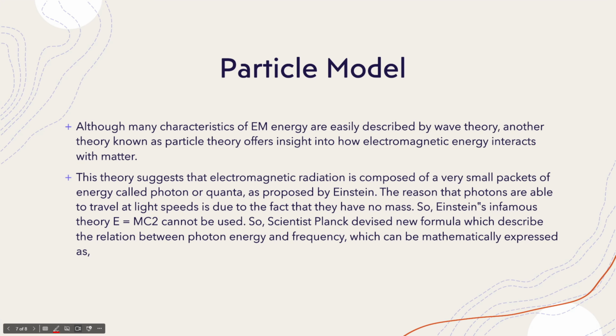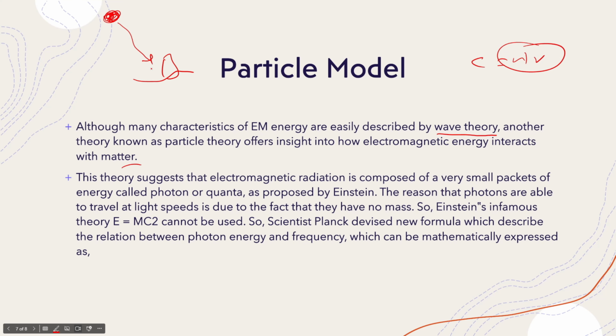What is called the particle model? Although many characteristics of electromagnetic radiation are easily described by the wave theory, that is c = λv, another theory known as the particle theory offers insight into how electromagnetic energy interacts with matter. The electromagnetic energy is generated from the source, travels through the atmosphere, and interacts with the surface.